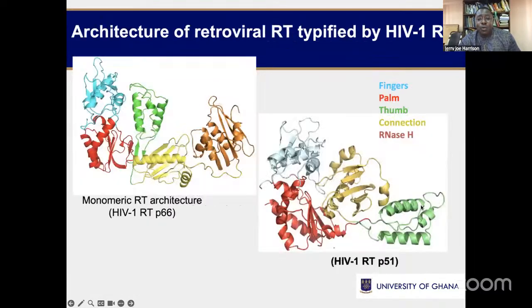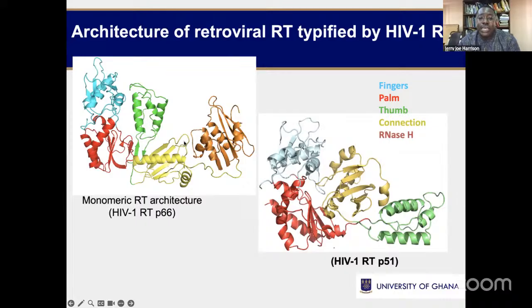Now, before I show you what we found, just a quick reminder. In HIV-RT, these are the subdomains that have been identified: the thumb, the fingers, the palm, the connection domain, and the RNase H, and these have been color-coded accordingly.